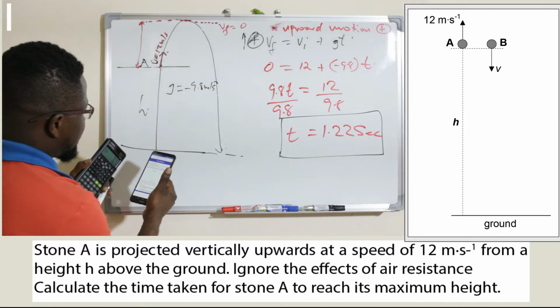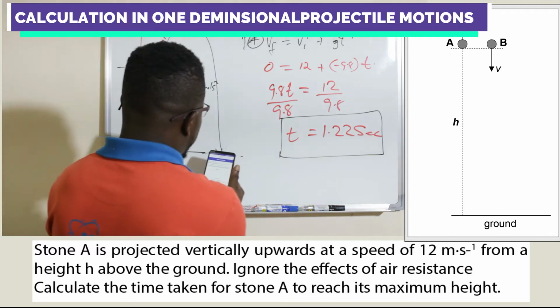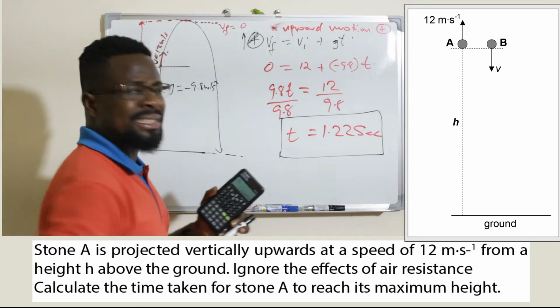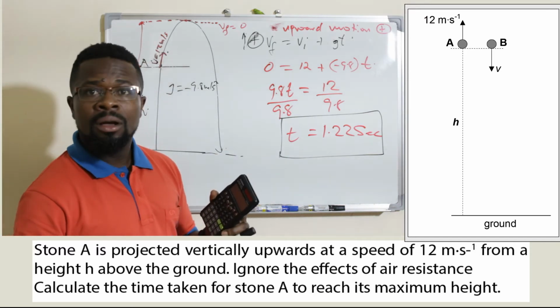And the question says, when stone A reaches its maximum height, the speed of stone B is 3V.